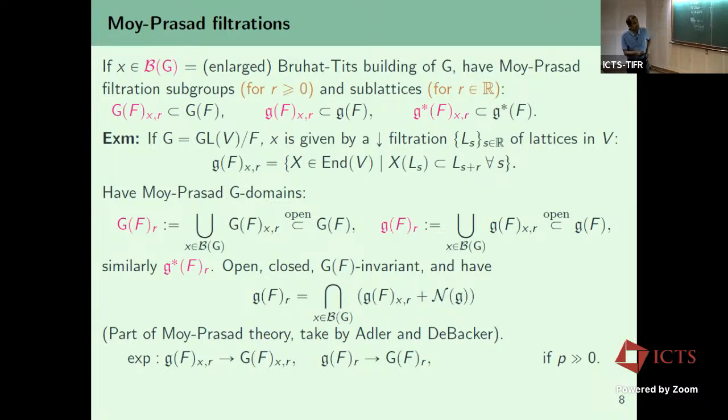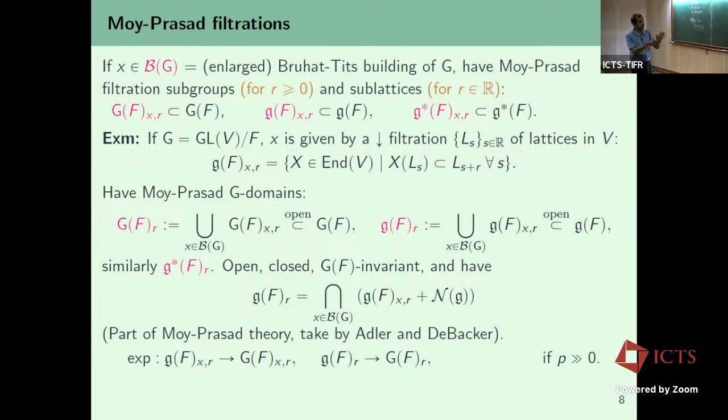These satisfy various nice properties, such as, although G(F)_r is the union of all the G(F)_{x,r}, it is also an intersection of all the G(F)_{x,r} plus nilpotents. This is quite relevant to our considerations, though we will not explicitly use it because I will not get into the technicalities.